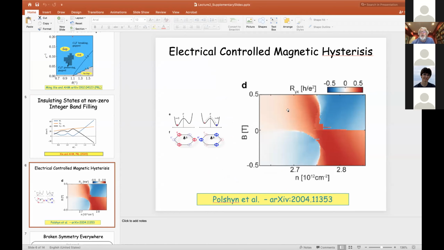And what he's measuring is the Hall conductivity as a function of gate voltage. So for a given sign of magnetization, the magnetization of a given state changes sign, but the state that's selected is the state with the sign of magnetization that lines up with the magnetic field.